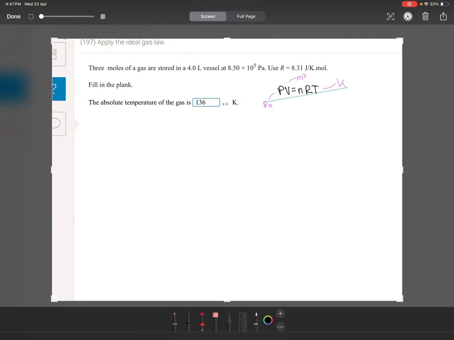So the pressure here is 8.50 times 10 power 5. Wait, okay, so we're looking for the temperature. So let me rearrange this formula. The temperature is equal to PV over nR.